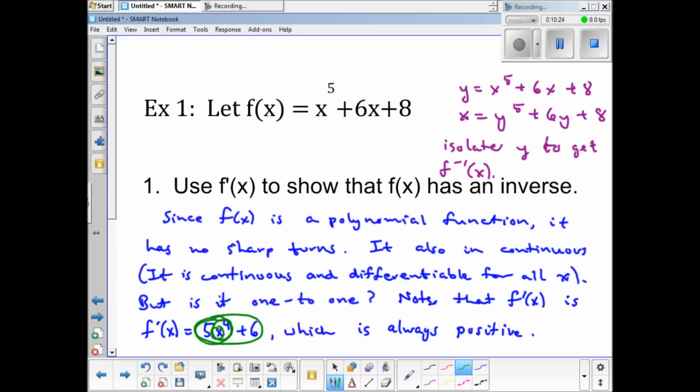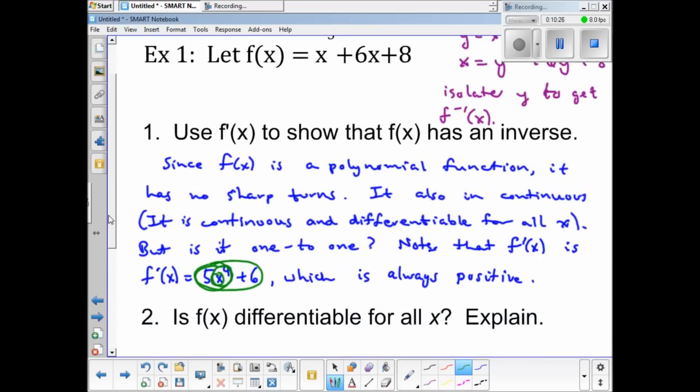So we can safely say that f prime of x is always positive. Thus, f of x is always increasing and is therefore 1-to-1.